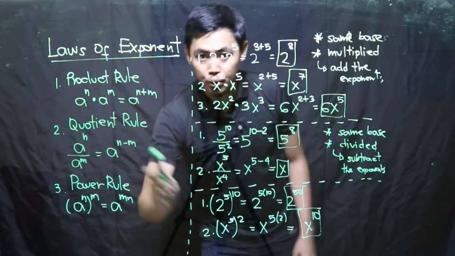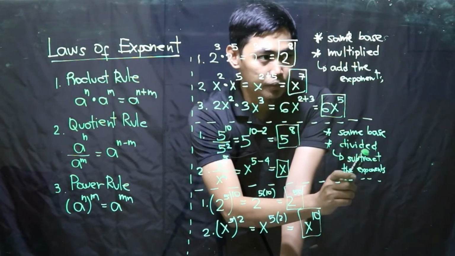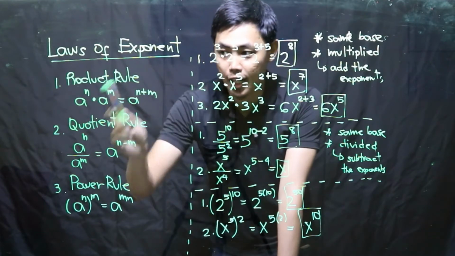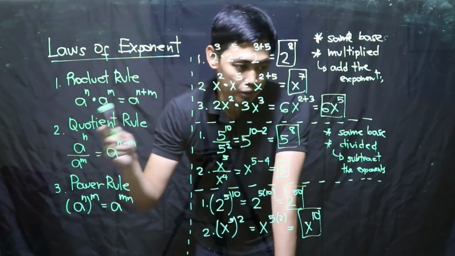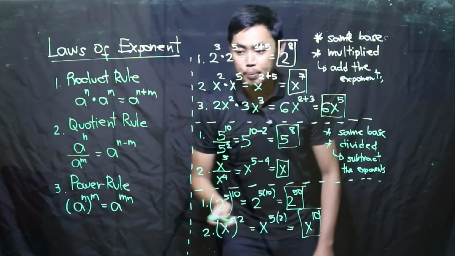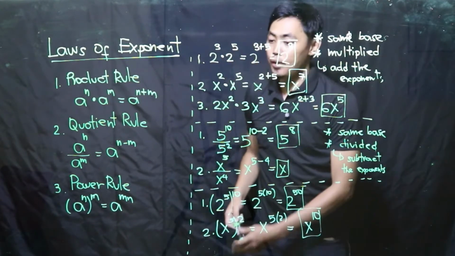Okay? Quotient rule: division, same base, divided, and then you subtract the exponents. It's the same idea as the product rule. The only difference is it is divided. The power rule, on the other hand, is the simplest. You will just need to multiply the exponents.